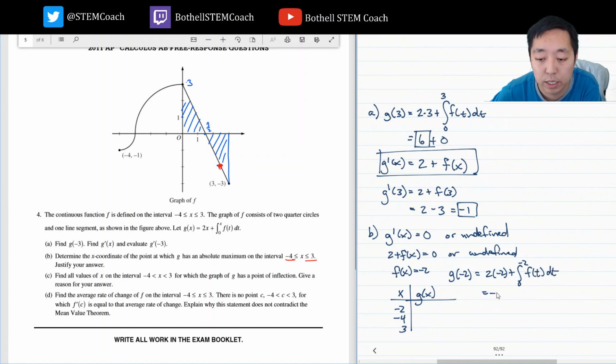This is equal to -4 plus the integral from 0 to -2, oh man. Sorry, this is f of x equals -2. The x value of this is not -2. Sorry, I got caught. The y value for f of x is -2, that's not the x value. So let's erase this.